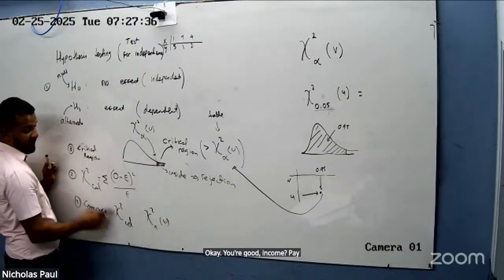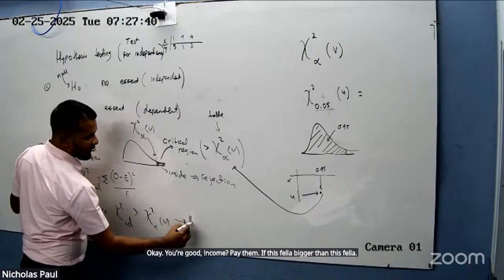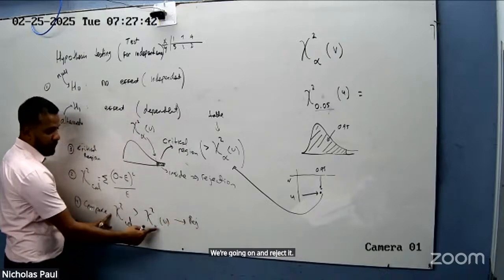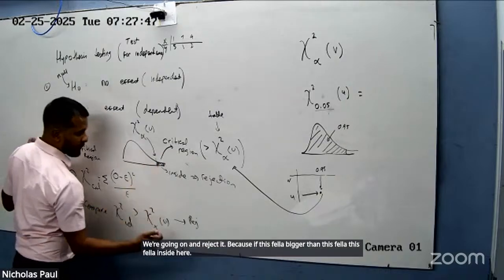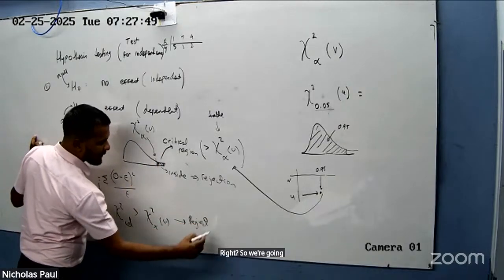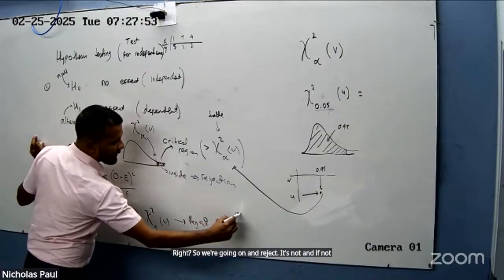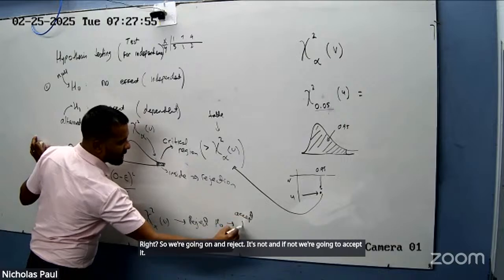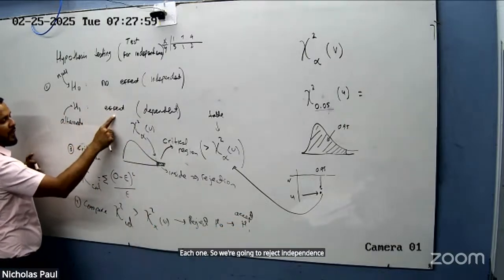If this one is bigger than this one, we're going to reject H0, and we're going to accept H1. So we're going to reject independence and accept dependence.